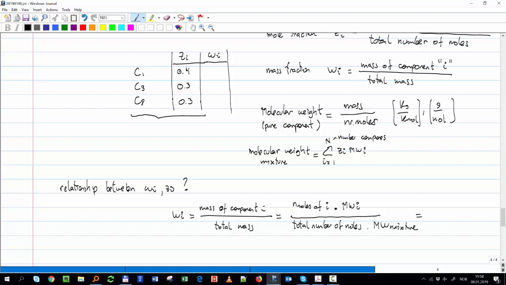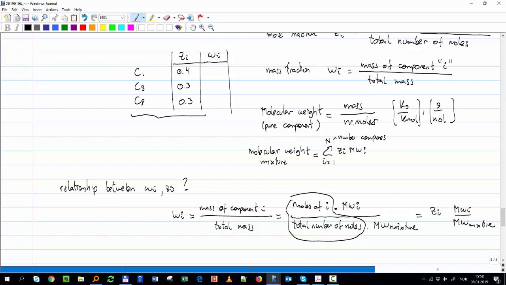And at the end, these two guys divide, so that's the mole fraction, z_i, and here we have MW_i divided by MW of the mixture. Is that correct? You have to be careful, I might be making mistakes. It's late, getting tired, so you have to be checking.